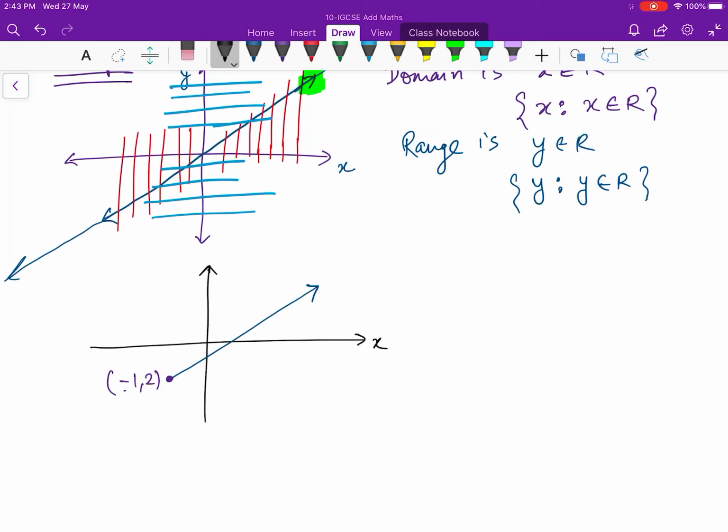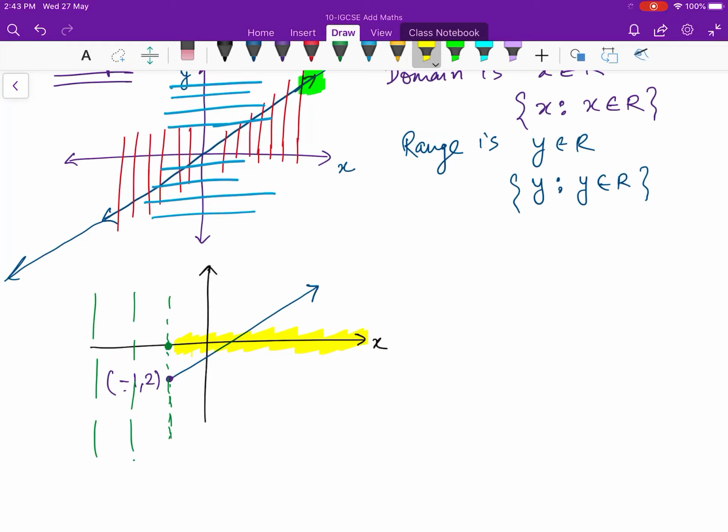For vertical lines, this is the last vertical line which can intersect this graph. Beyond this, a vertical line cannot intersect this graph. So this is the limit of this graph. This shows the minimum value x can have, and x can have any value beyond this point.